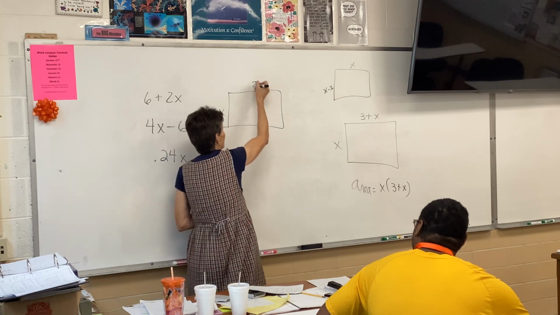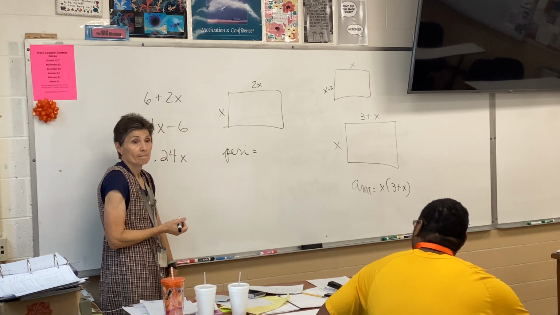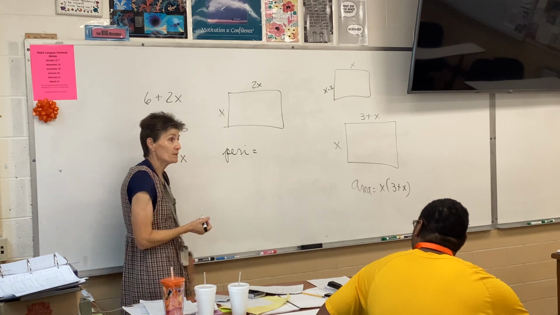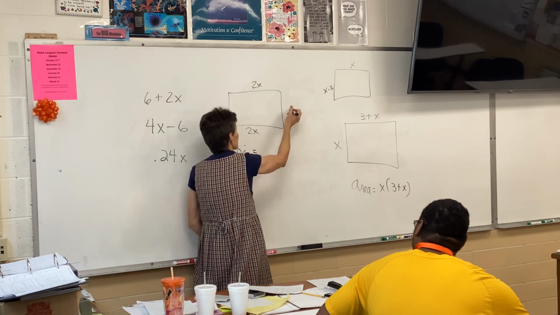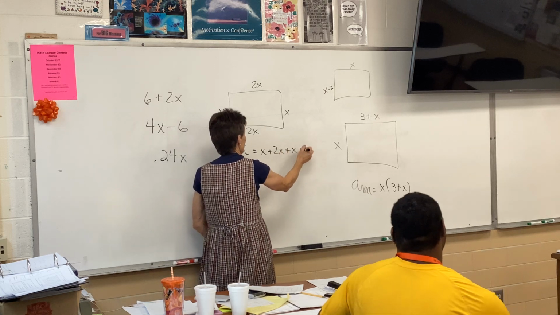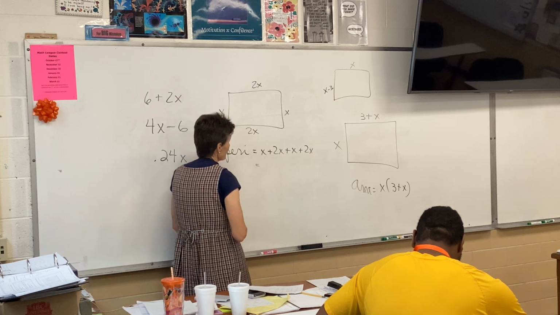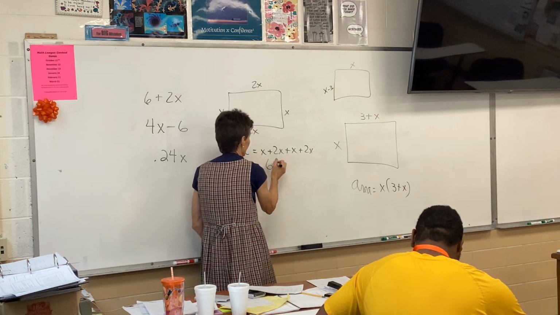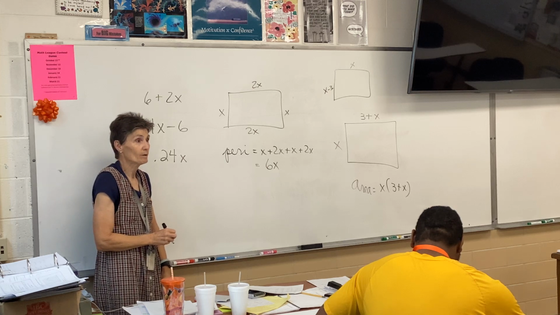And then this would be 2X, twice the width. What do we mean by perimeter? Add up all the sides. So that would be X plus 2X plus X plus 2X, adding up all the sides. So that is 6X for the perimeter.